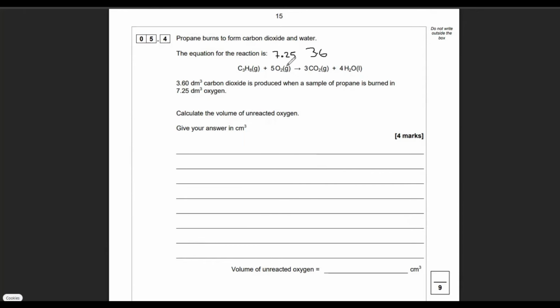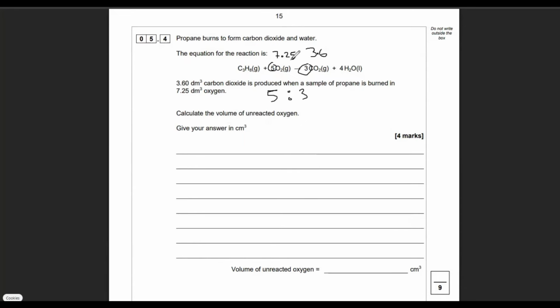Okay. So what we want to do is go, well, how much is that going to use up? 4 marks. Yeah, we can do this. There's a number of ways we can do this. So not all of the oxygen has reacted. If all of the oxygen had reacted, it's in a ratio. Check out these numbers. These are called the ratio numbers. If all of the oxygen had reacted, it's in a 5:3 ratio.